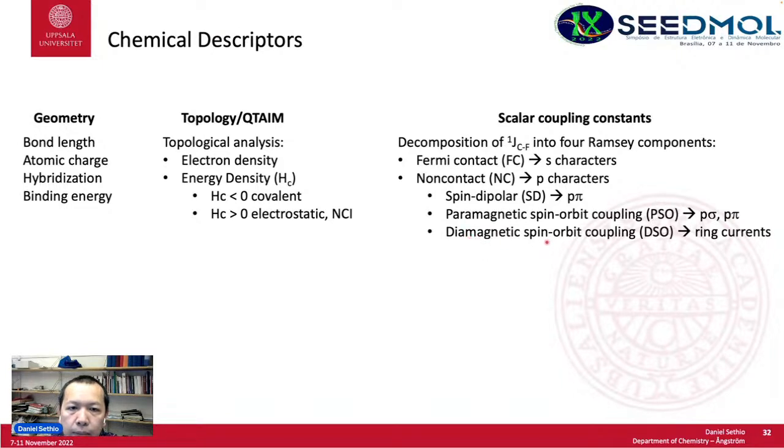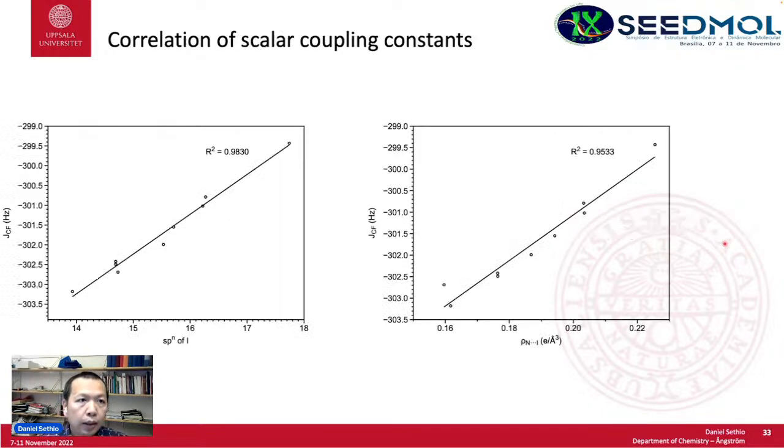And the diamagnetic spin-orbit coupling is mostly dominated by the ring current. Here we observe that the scalar coupling constant correlates well with the hybridization of the iodine atoms and also with the strength of the halogen interaction, as we can see from the electron density at the bond critical point.